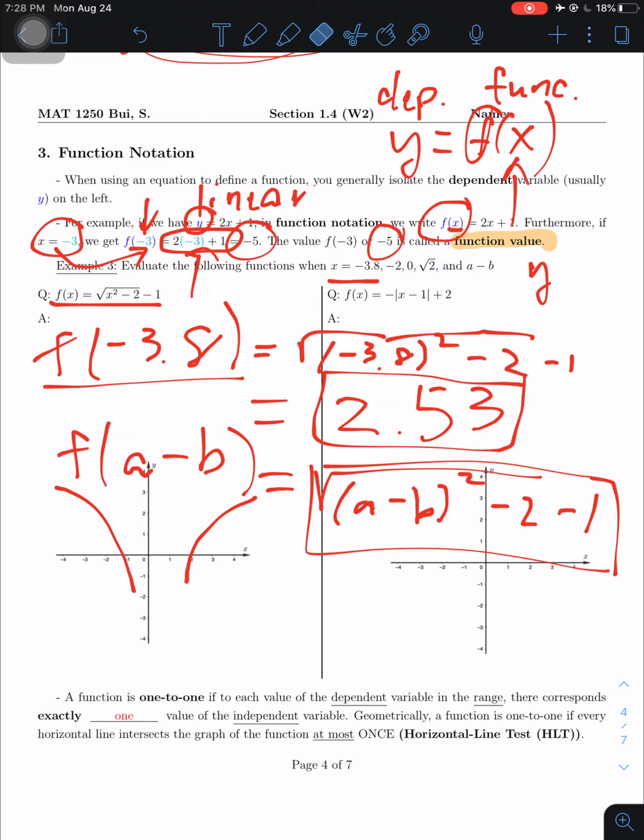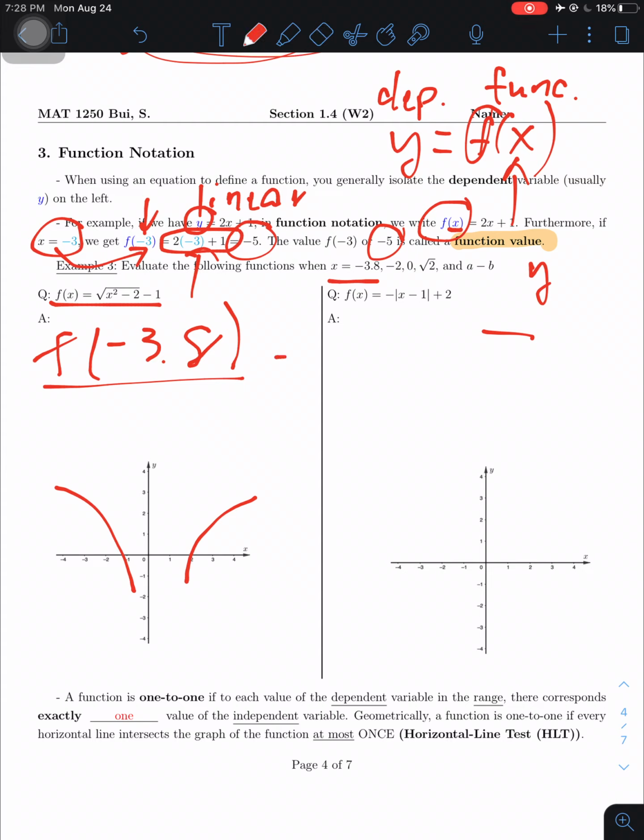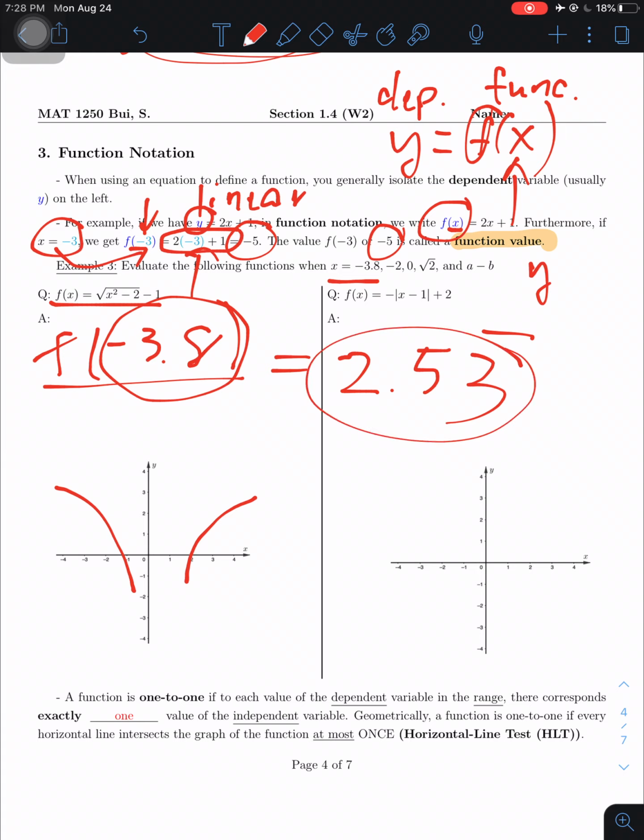And then from here, first of all, let me take out some of the things in here. Alright, so the very first point, I think this one is equal to 2.53, let's remember it. So for x equal to negative 3.8, y equals 2.53, right? It is right here.